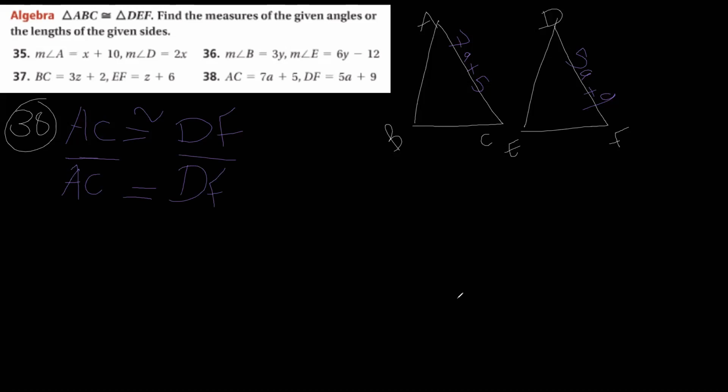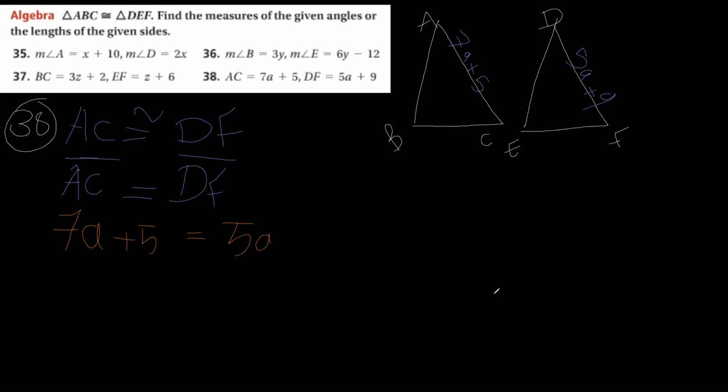Is it right? Yes, teacher. They are congruent, they have the same size and same shape. What's the length of AC? It's 7A plus 5. And what's the length of DF?